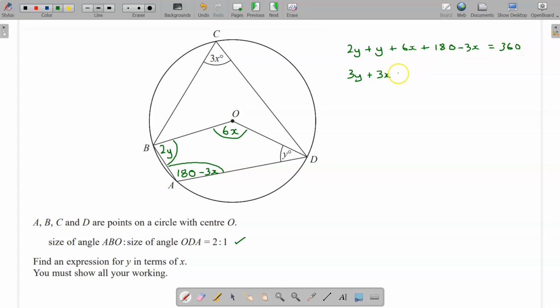So if I take 180 from both sides, it's going to leave me with 180 on the right. Now, everything there has a common factor of 3, so I can quite easily divide everything by 3 to give me y plus x equals 60. And therefore, y must be 60 minus x. And that's the answer.